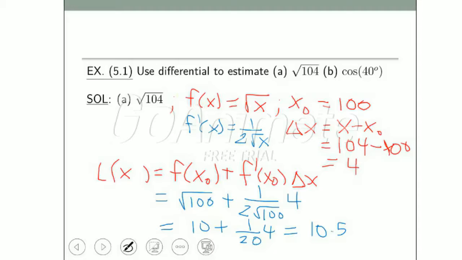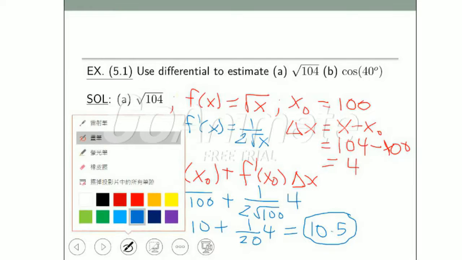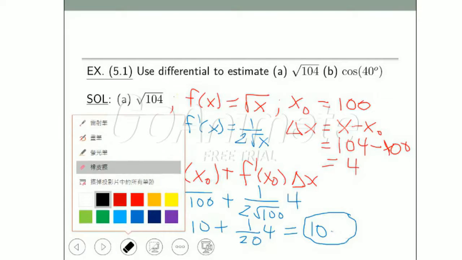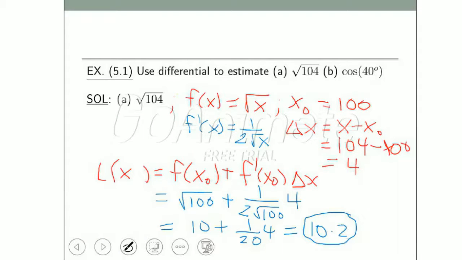Okay. So what's our actual answer? So this is our linear approximation. Oh, sorry, it's 10.2, not 10.4. So this is our approximation at the beach.